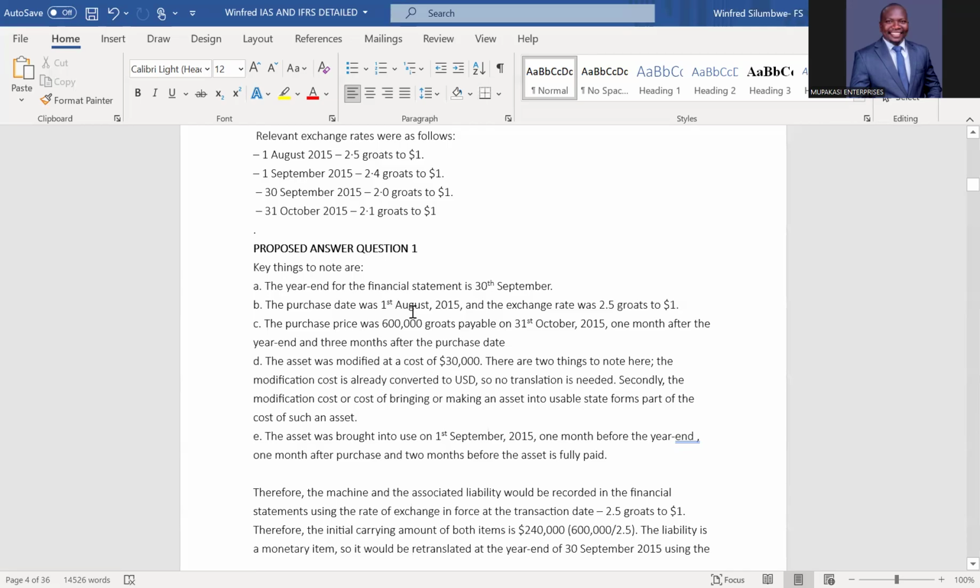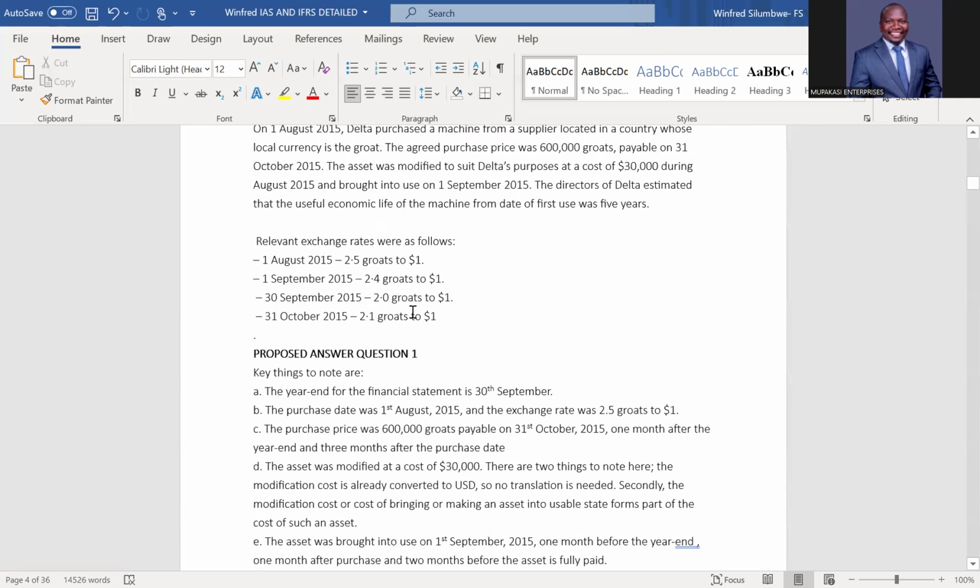That's number one. Number two is that when you are collecting the total cost of an asset, the date of purchase and the rate applicable on the purchase date is what we use to capitalize an asset. So on the date it was bought, 1st August, the rate that was applicable, 2.4, 2.5, is the rate that you use.